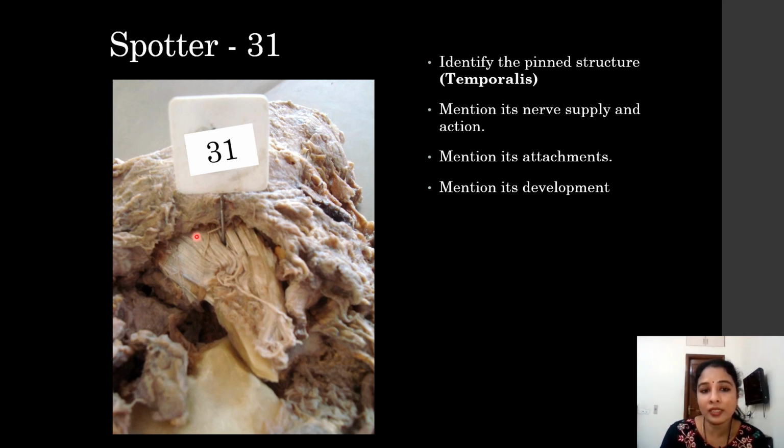So all the muscle fibers, anterior, middle and posterior fibers, converge and get inserted into the coronoid process of the mandible. If you see the attachments of temporalis, it gets origin from the temporal fossa, that is from the superficial temporal line, and then it gets inserted into the coronoid process of the mandible, and the crest of the coronoid which is present along the anterior margins of the coronoid process.